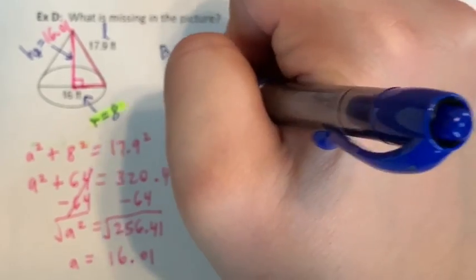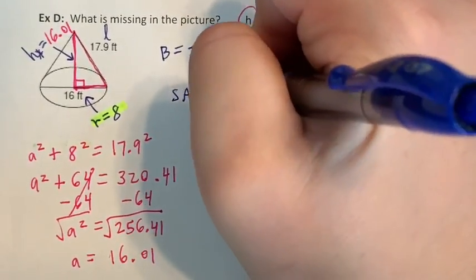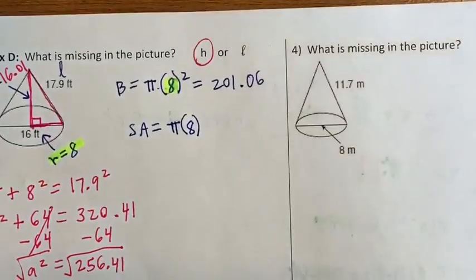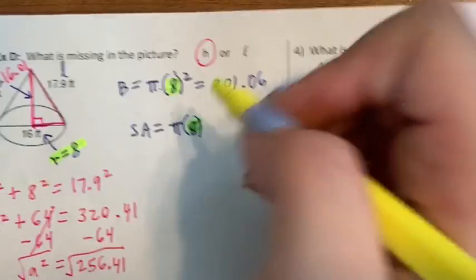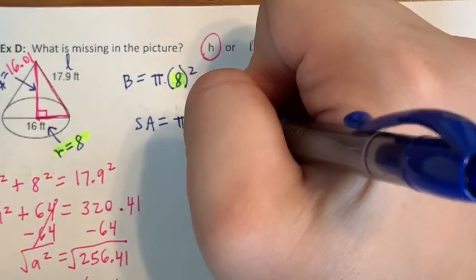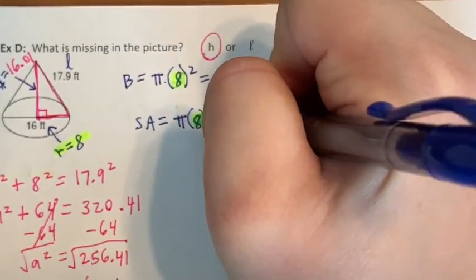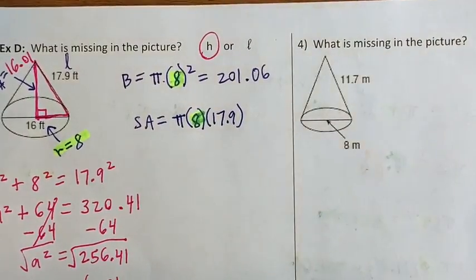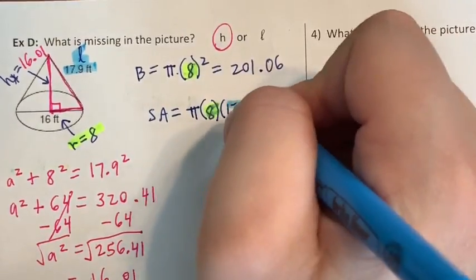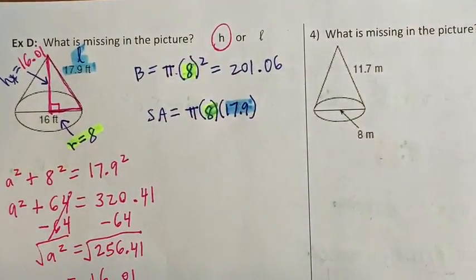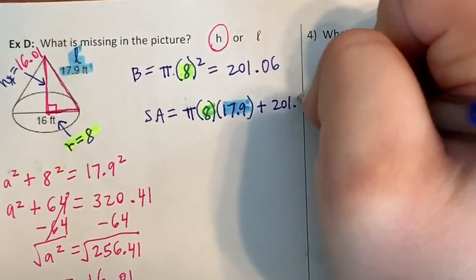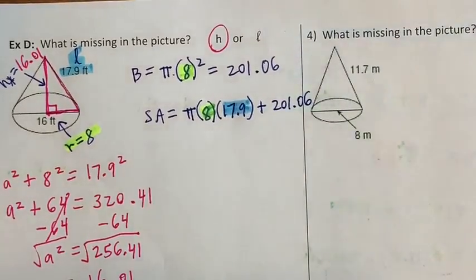So surface area for my cone equals pi times my radius of 8. Times my slant height, which was given to us, the 17.9, plus my base, which is 201.06.